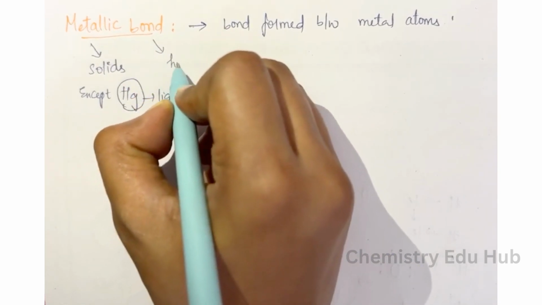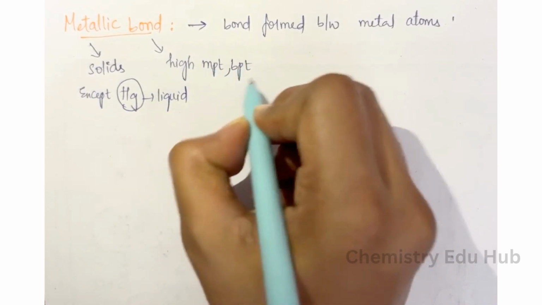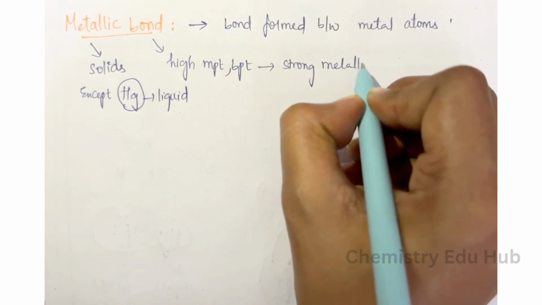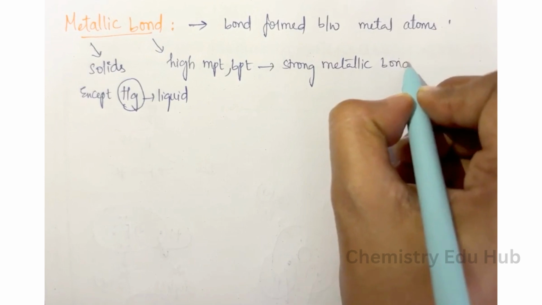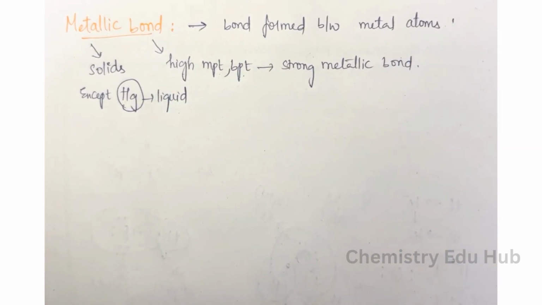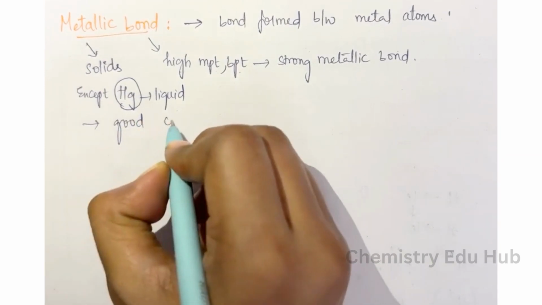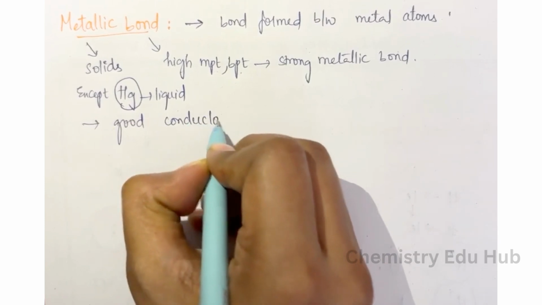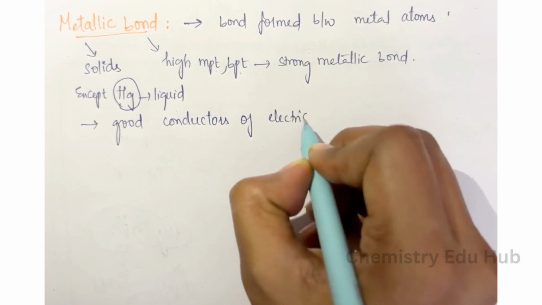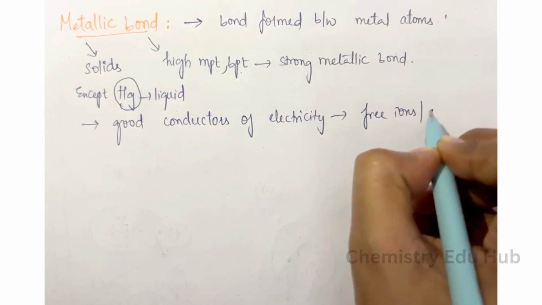They have high melting and boiling points because they have a strong metallic bond. Their melting and boiling points are very much high. And they are good conductors of electricity because of the presence of free ions or free electrons.